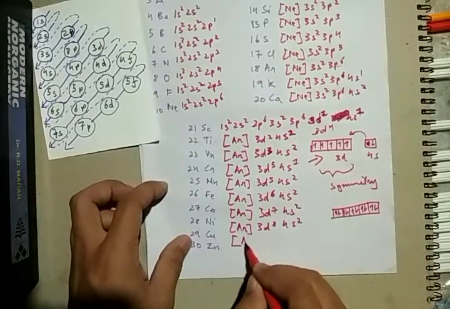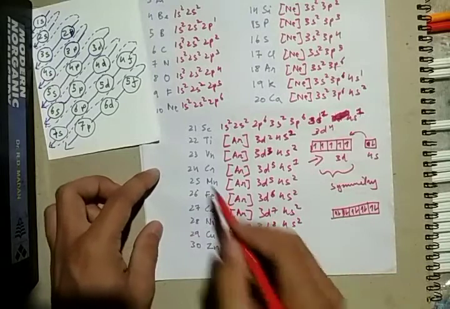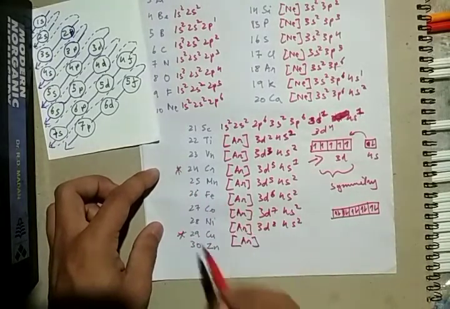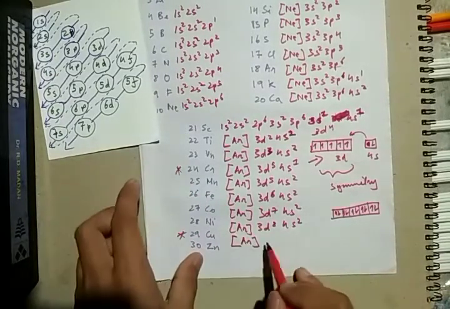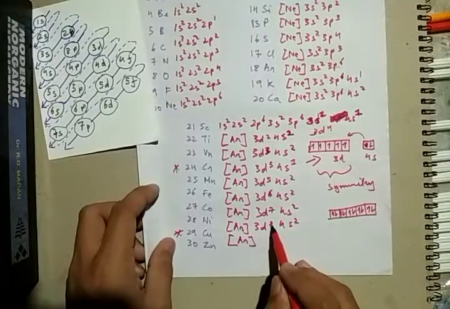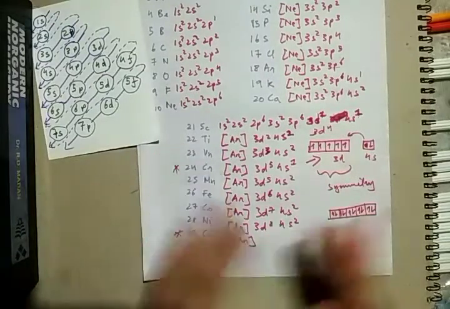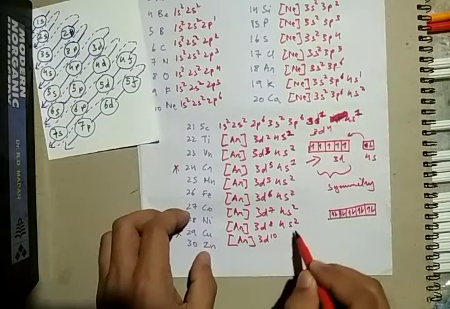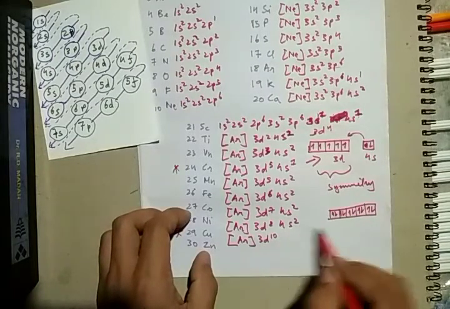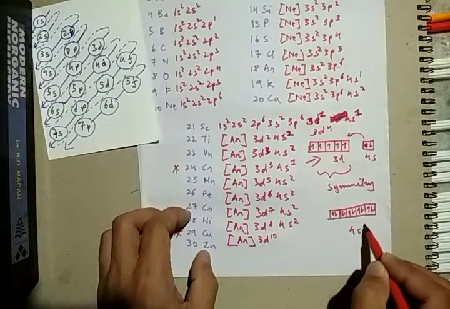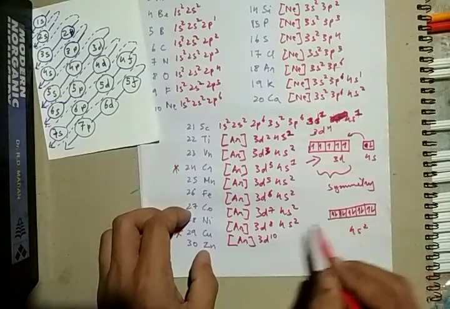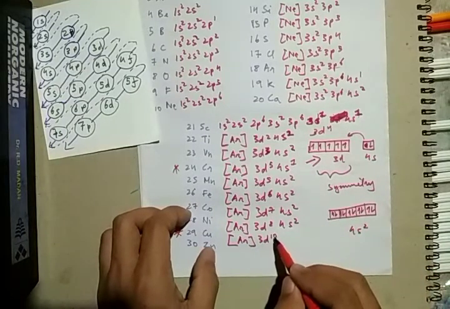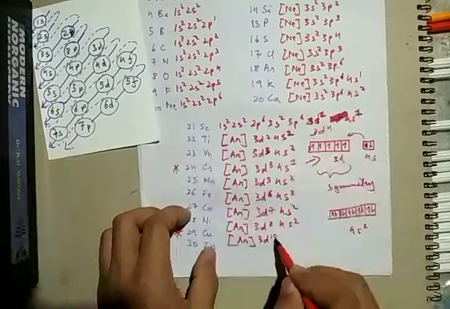For copper, Ar. For chromium and copper, a similar case happens. Instead of 3d9, to get stabilized it becomes 3d10. From 4s2, one electron jumps to the d orbitals and it becomes fully filled.